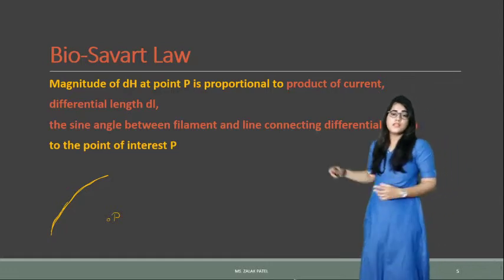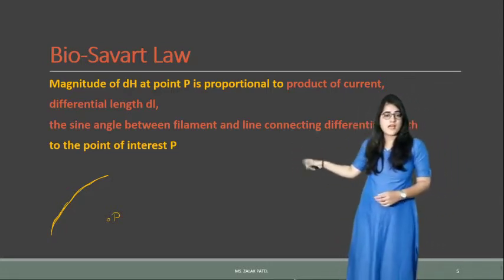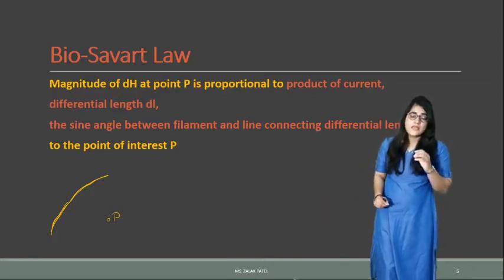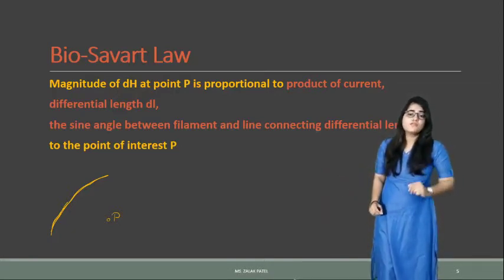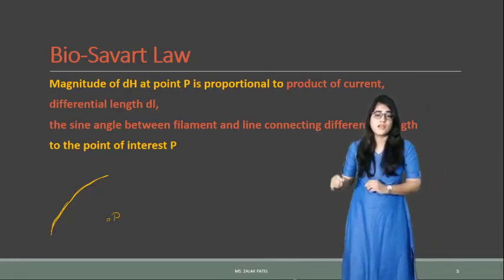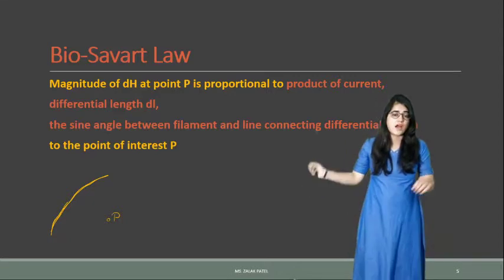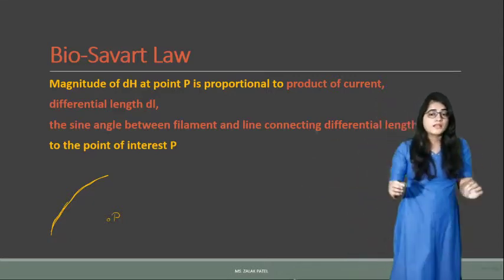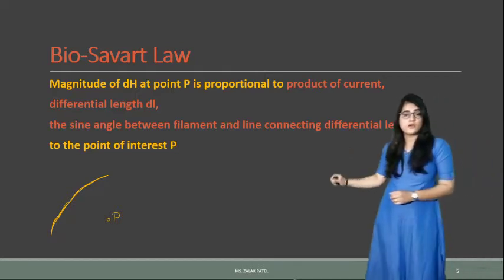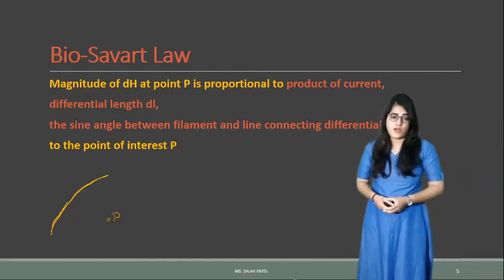Here if you see, one filament is there in yellow color and one point P is there. P is the point where we require to find the differential field intensity, meaning differential magnetic field intensity dH bar. This yellow line is our current filament.